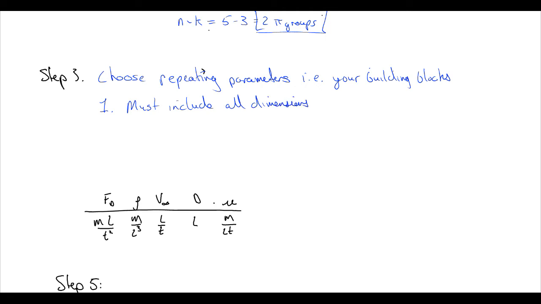So we can't just pick diameter. Well, hold on here. Actually, this isn't a great example because no matter which 3 we pick, we'll have to do this. So we must include all dimensions. Rule 2: they must be dimensionally unique.